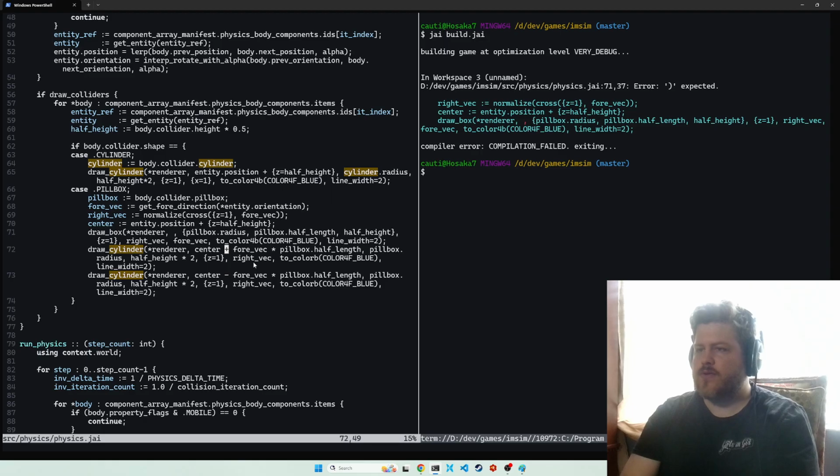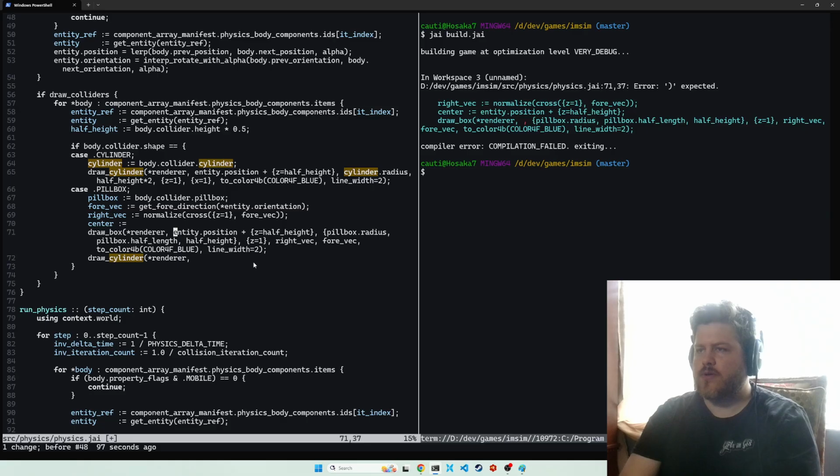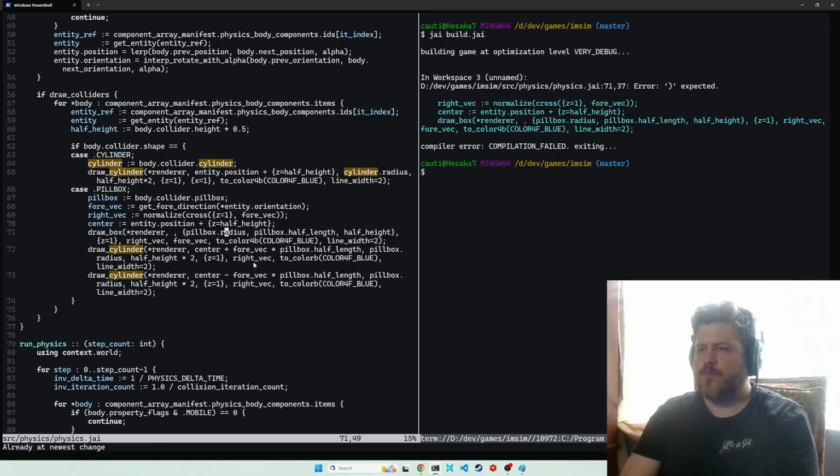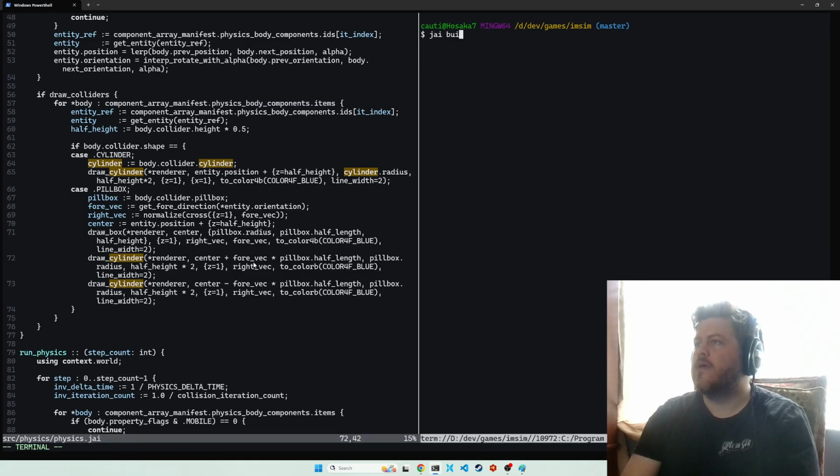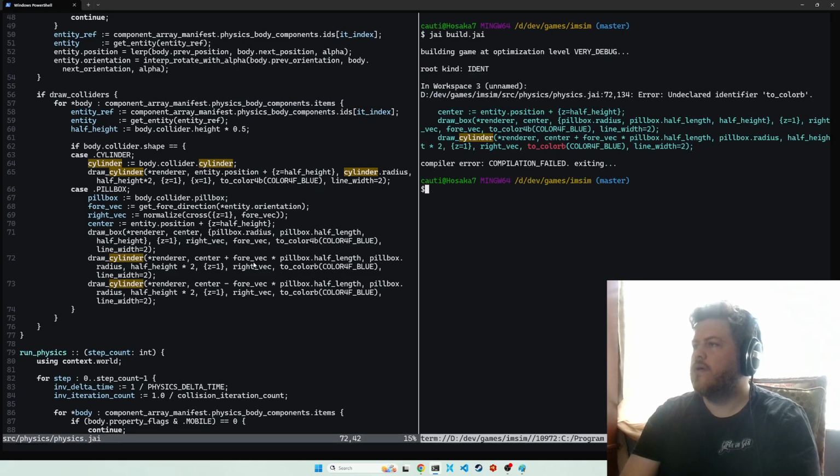And too many commas. What's new? So radius. Did I cut that out? I did. Oops. Okay, so center goes there. To color B. That's not what that's called. Color 4B for 4 bytes.